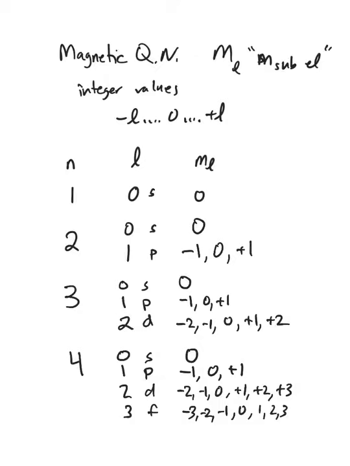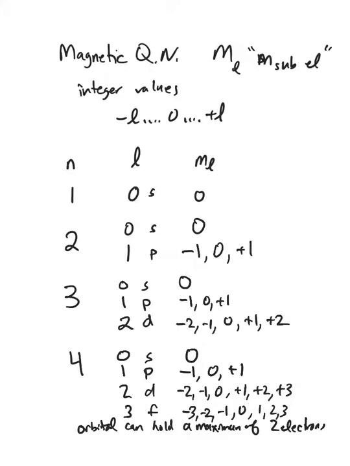So these orbitals are going to be these three-dimensional shapes that we're going to carve out in space, if you will, that will show us the probability of finding an electron. So an orbital can hold a maximum of 2 electrons.